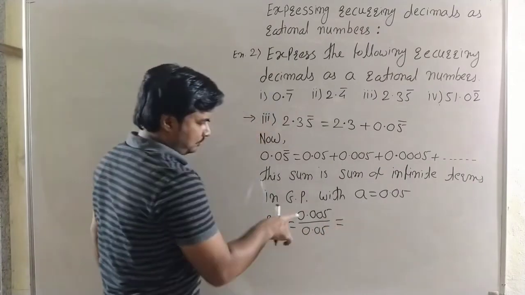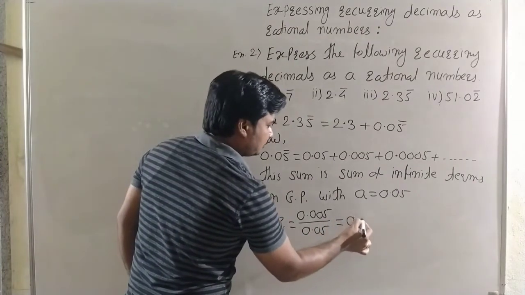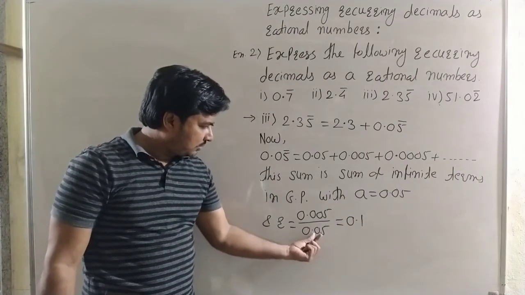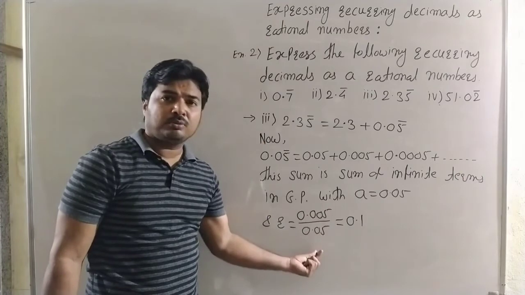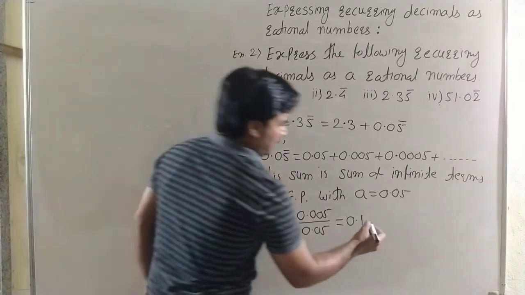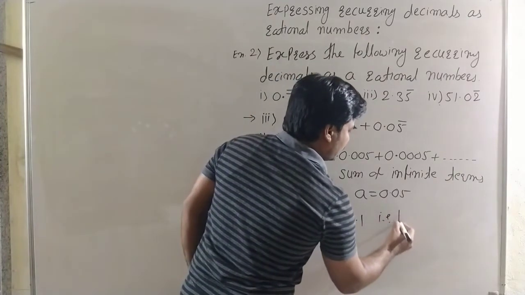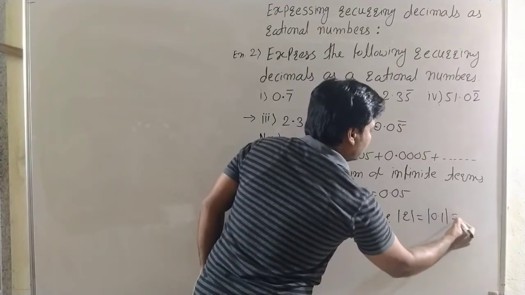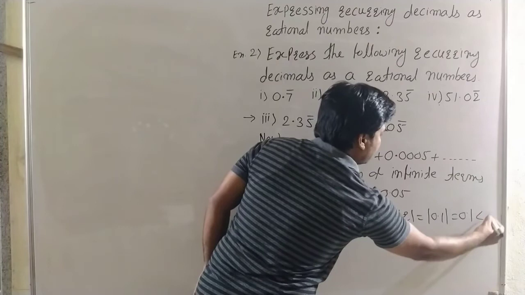Here again it is 0.1. See carefully the calculation. We take two decimals, then 0.5 upon 5, again it is 0.1, and mod r, mod of 0.1, is 0.1 which is less than 1.